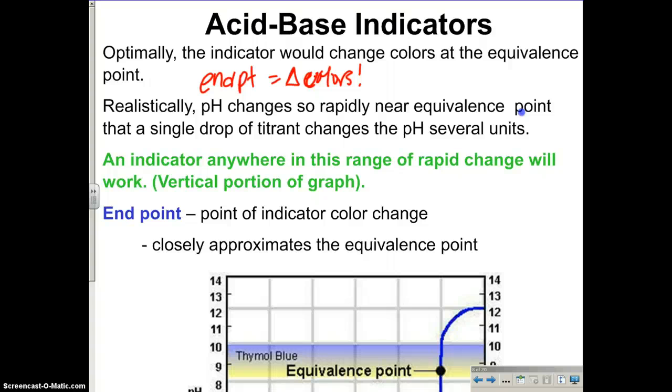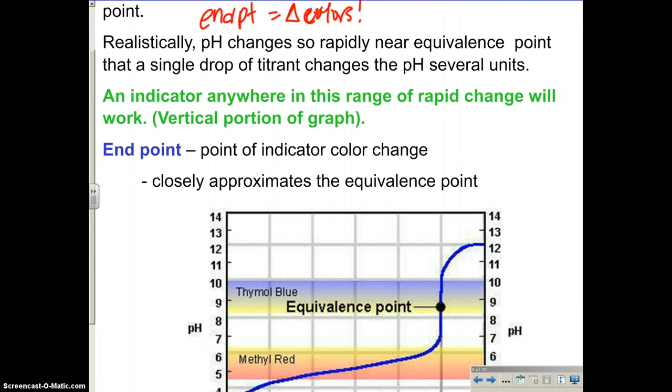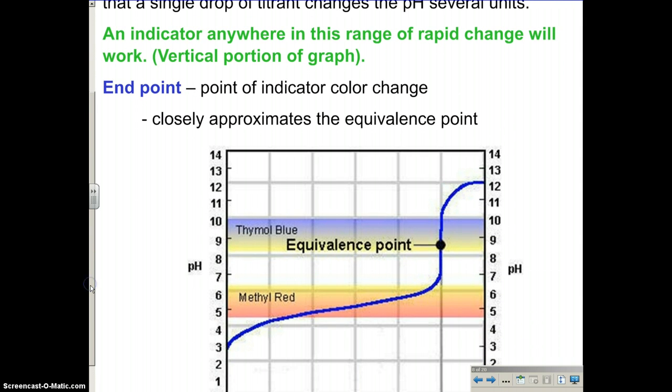But most of the time we don't have that occurring. So you're going to try to choose the best indicator for your given reaction by looking at a list of indicators and the pHs at which they change their colors. Another thing to notice is that whenever we have our vertical section, we really want an indicator to change anywhere within the vertical section.